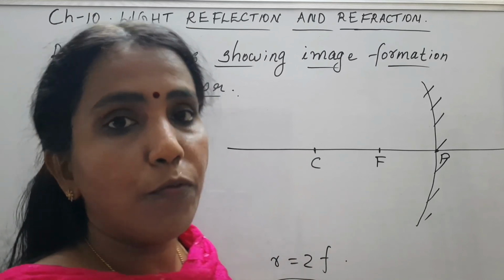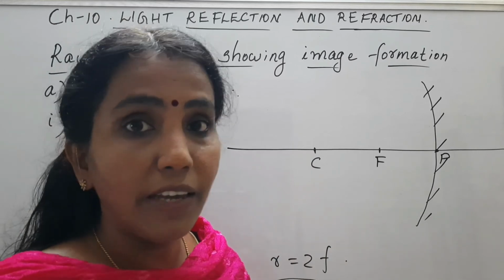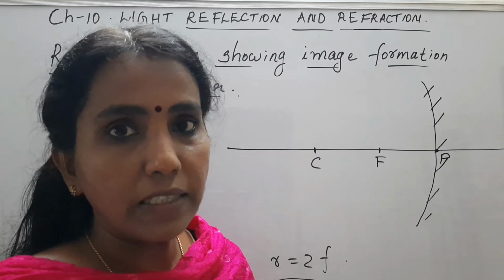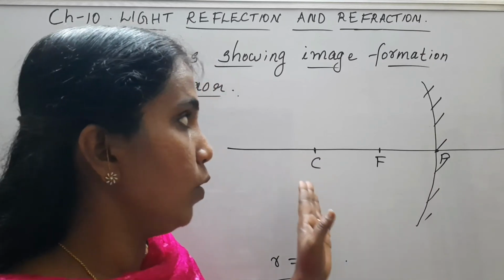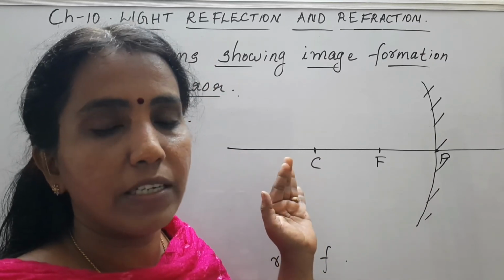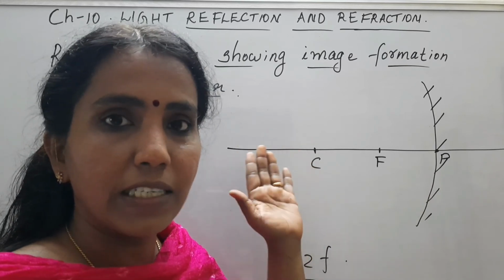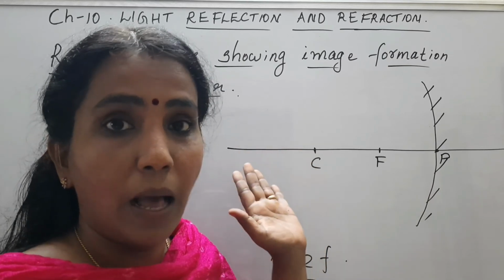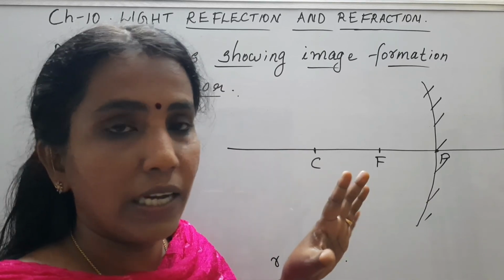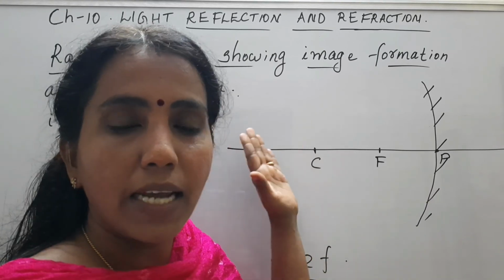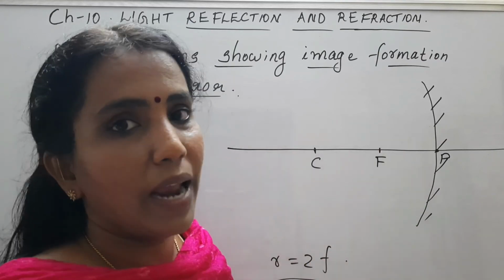Now what type of rays can we draw? Actually we can draw any of the 4 incident rays we discussed in the previous class, but here, since the object is at infinity, the incident rays are coming parallel to each other. Here we assume the rays are also parallel to the principal axis.